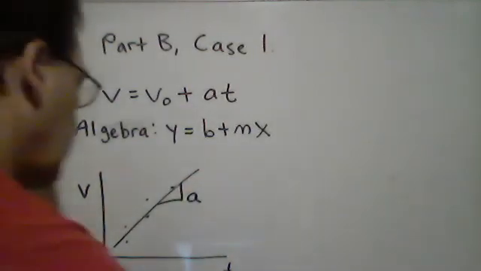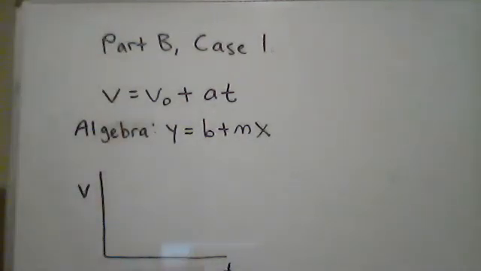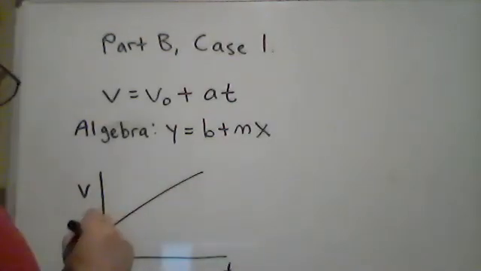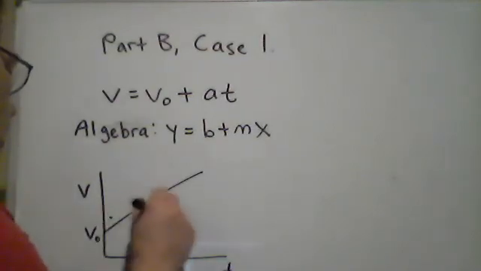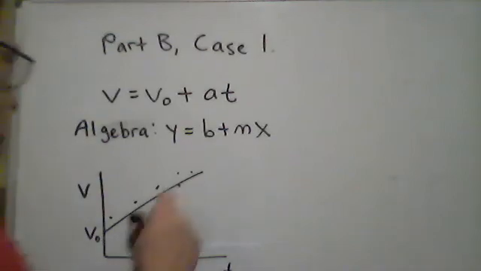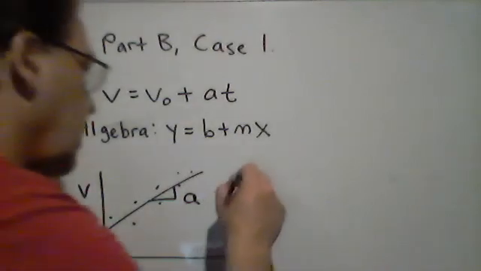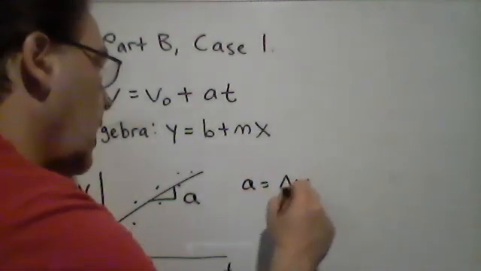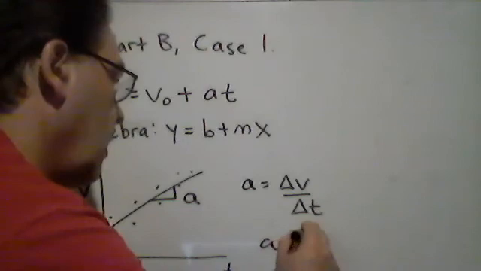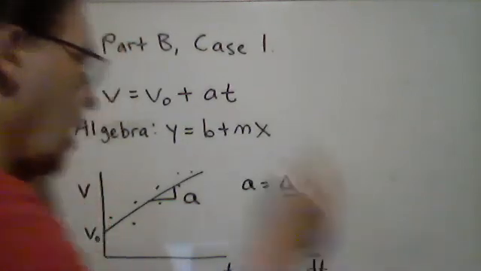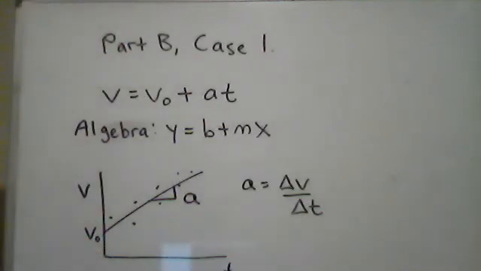Now, it might possibly not go through 0. It might go through, say, the intercept V0. Whatever your data is, you get a best fit line with a trend line in Excel. Your slope is your acceleration. Your acceleration is the change in the velocity with respect to time. If you use differential calculus, that's really dv/dt, but for us right now, the linear relationship is just a change in the velocity over a change in time.